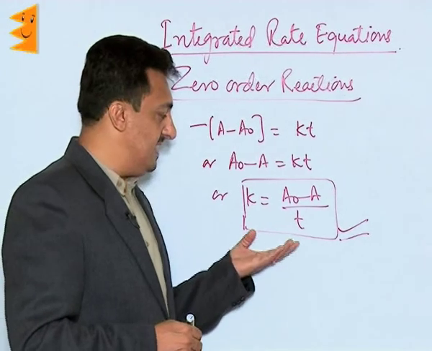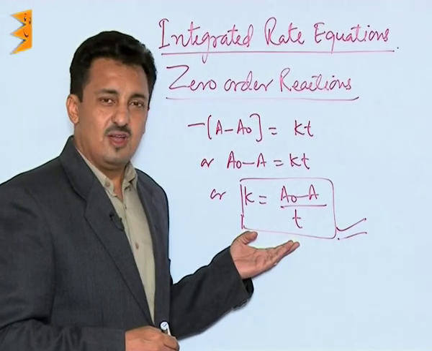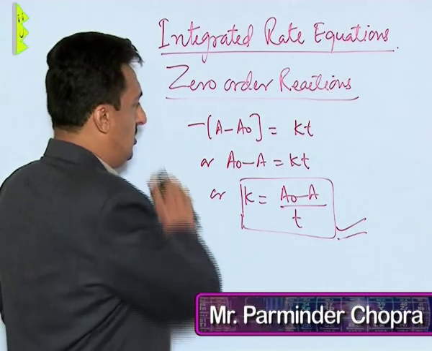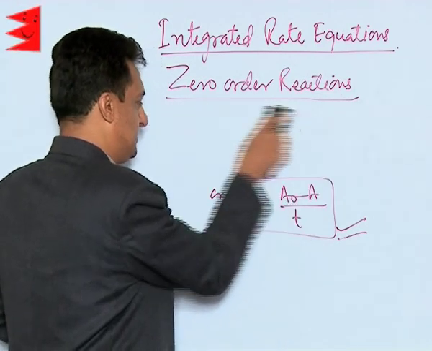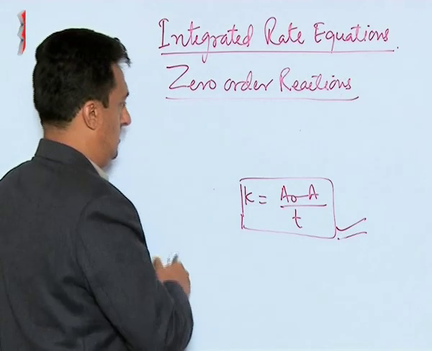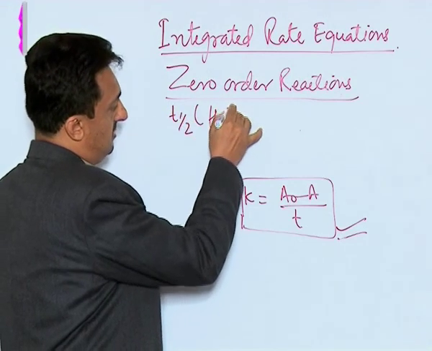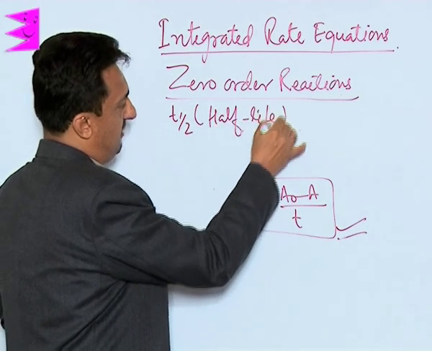Now after understanding and deriving this equation for the zero order reaction, let us do the half-life. We need to know what exactly is the half-life first, which is represented by T half and is called half-life.